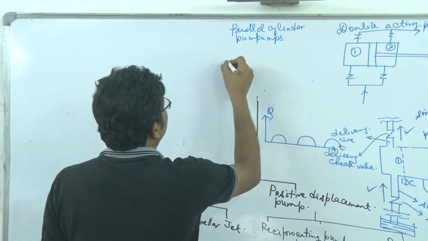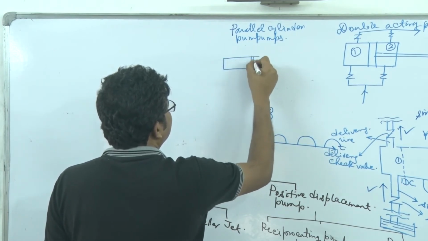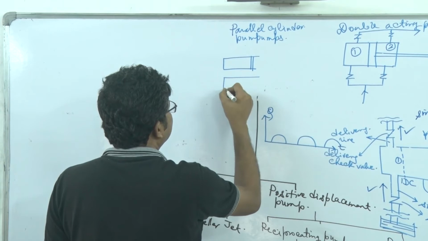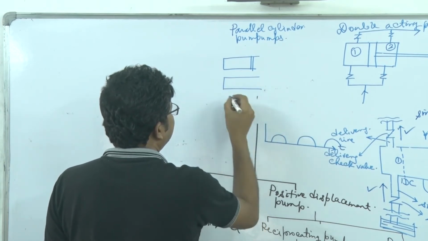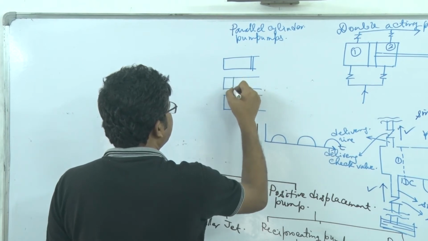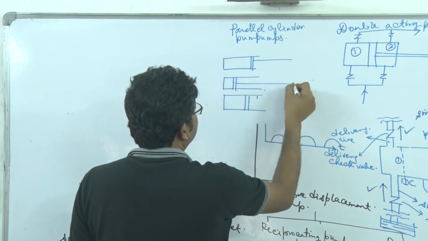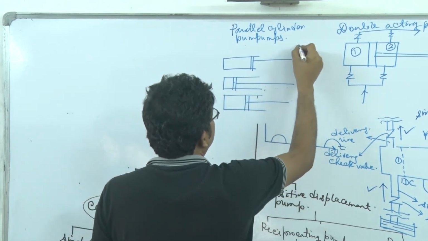So here what will happen? We have attached these cylinders parallelly, right, like this, and there will be some common shaft.